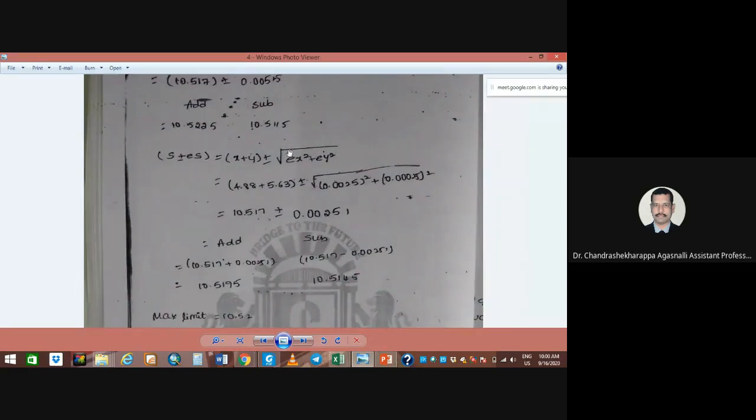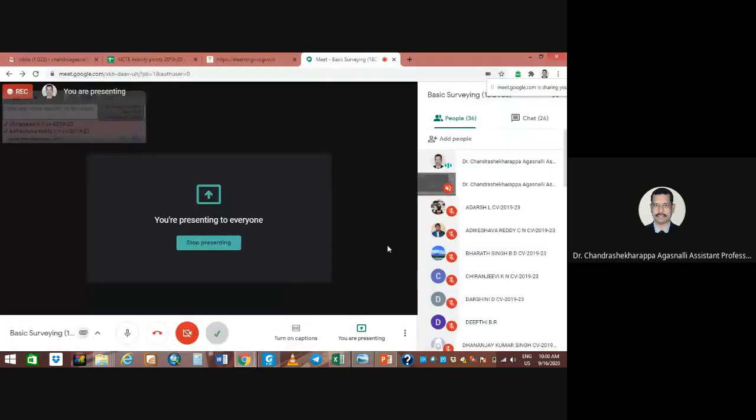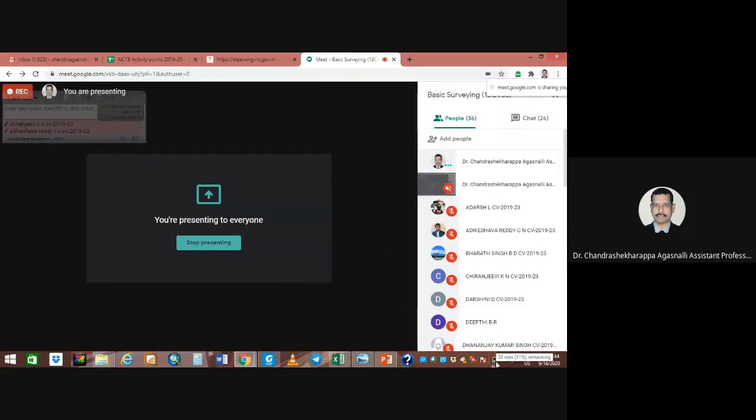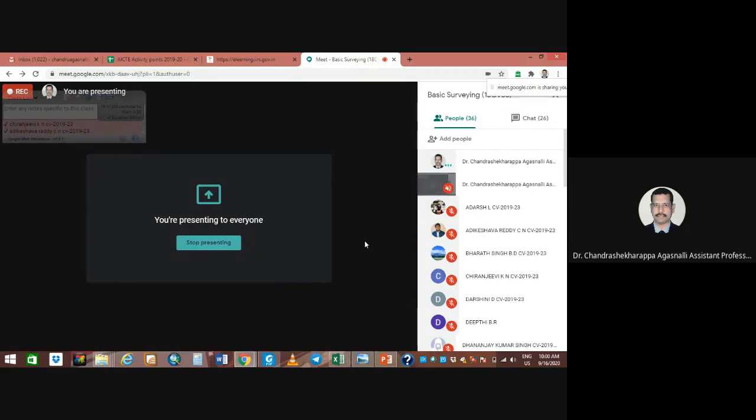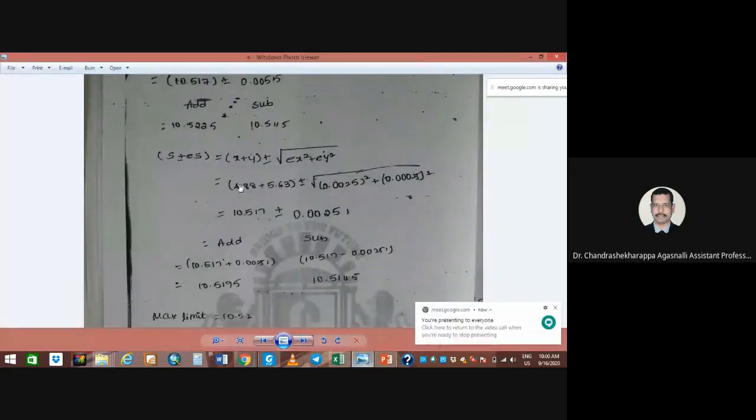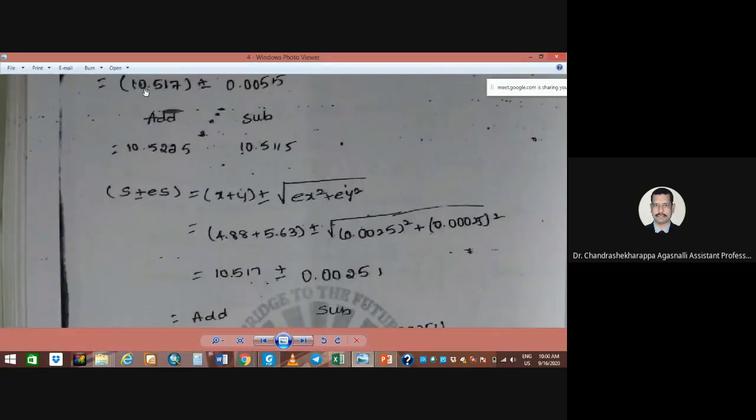Can anyone do these two, the subtraction and addition? Do you have a calculator with you? Adikeshu, Adarsh, Chiranjeevi? Yes, sir. Do you have a calculator just to do the calculation part? Let us see whether the answer is correct, or maybe there is a variation. 10.517 plus 0.0055. 10.5225, sir.